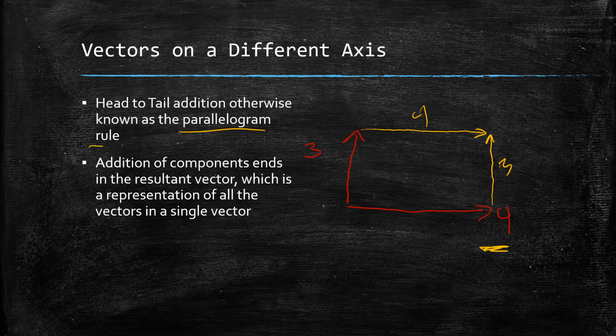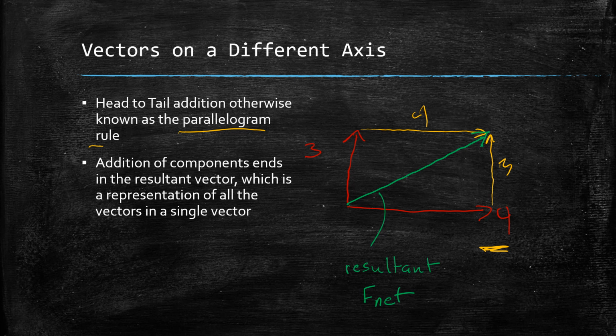Where those two intersect is what's called the resultant. Here is my resultant. Or in the case of the things we've been talking about with forces, that's going to be the net force. That's going to be the direction of the one vector that we could draw that would be equivalent to the 3 and the 4.